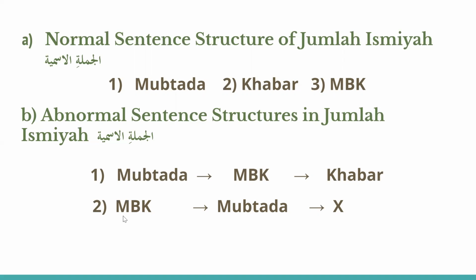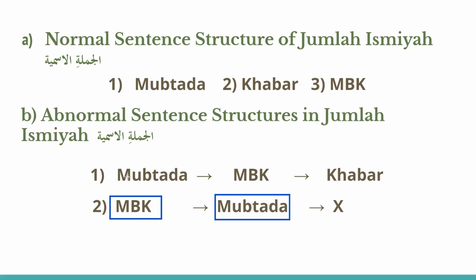So mutaliq bil khabar is brought forward and it is taking the place of khabar also. Khabar is not there. Mutaliq bil khabar is brought forward, khabar is not there, and mubtada is muakhar. Over here, mubtada is normal.